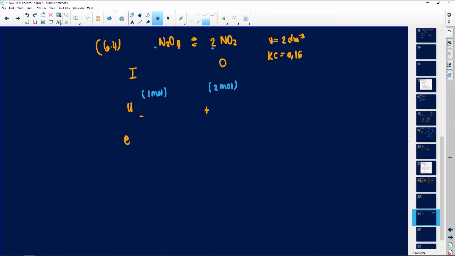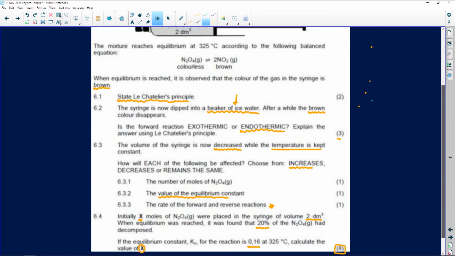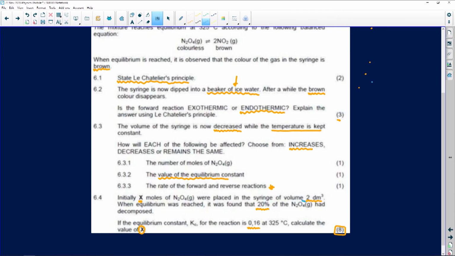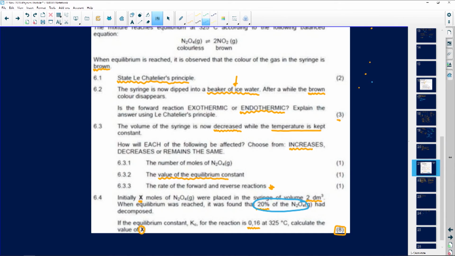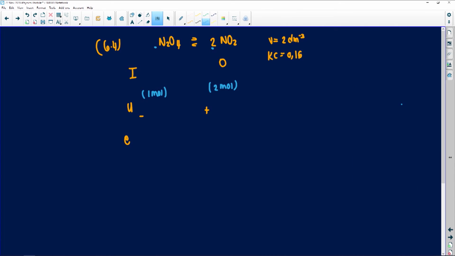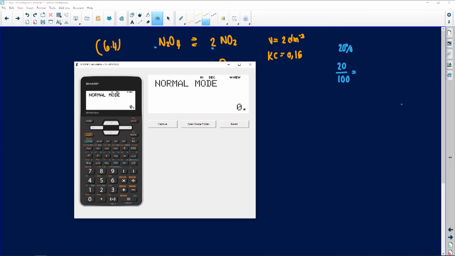I'm going to work on the side just to get percentage form. I am told, let me just read this section again, that 20% of the N2O4 had decomposed. I'm going to show the examiner how I get my answer. Remember, if you've got 20% of something, think of mathematics. It means you have 20 over 100, right? Let's see what value that is. So I'm going to say 20 over 100.